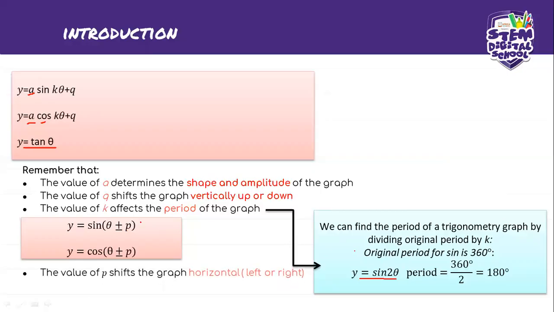They say the value of P shifts the graph horizontally, left or right. Meaning whenever you come across a situation like this, you will know that the graph has shifted horizontally. All right. That is that. Then let us proceed.